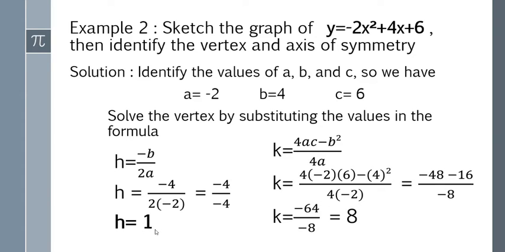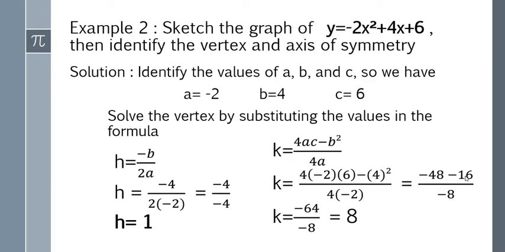So, ang h natin ay positive 1. So, -4 divided by -4 is positive 1. How about the k? So, ito na. Substitute natin. So, 4 times -2 times 6, so -48 minus 16 divided by -8. So, -64 divided by -8.